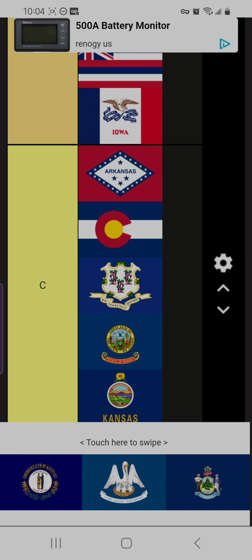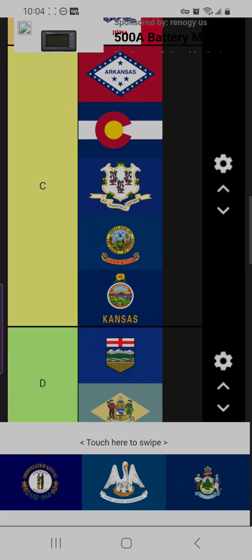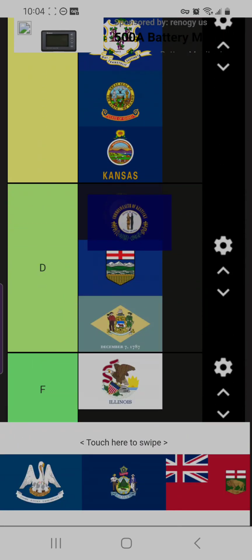That's a good part of the flag, but the people in the flag just look pretty basic, and it's just a white circle. So I think this is gonna be a high D tier flag.